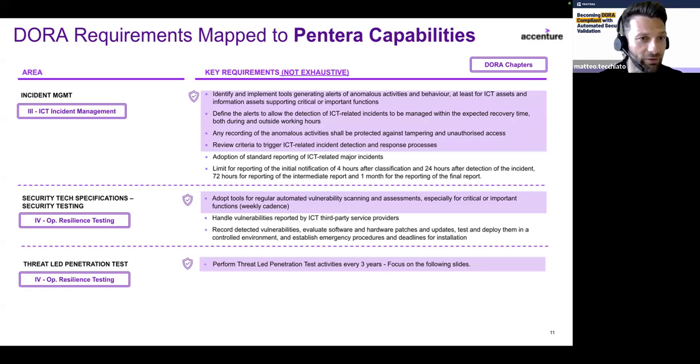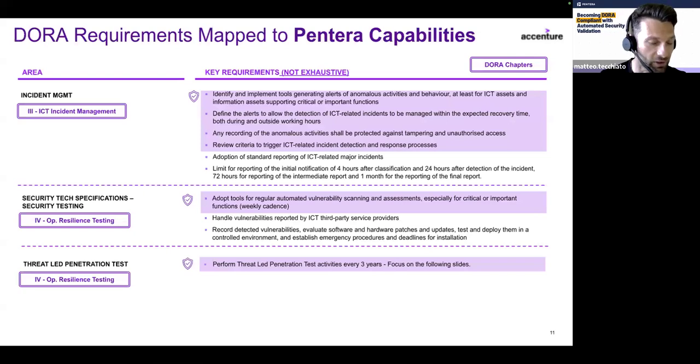How do we think that leveraging a tool, a platform like Pentera, we can support? Basically, you need to put in place some specific steps in your incident management process, and DORA is going to require some specific evaluation when there is a security incident and so on.